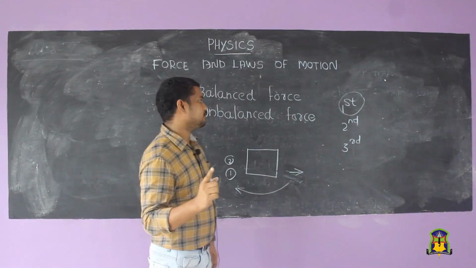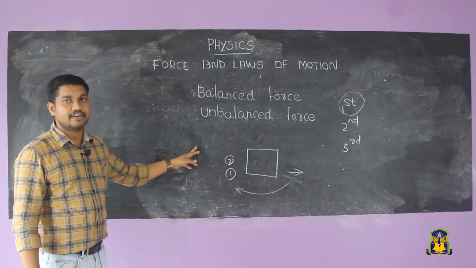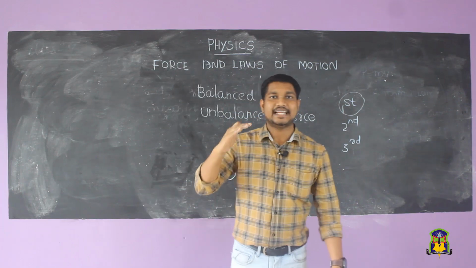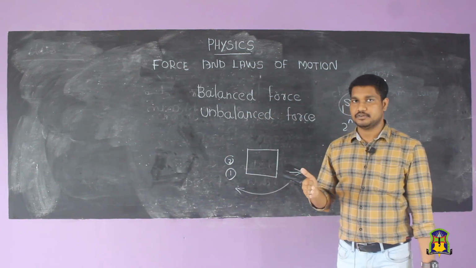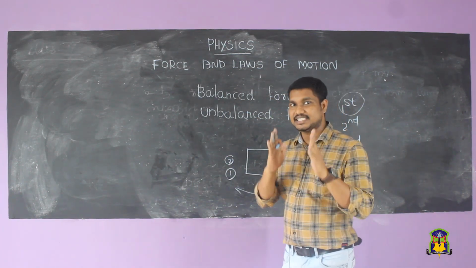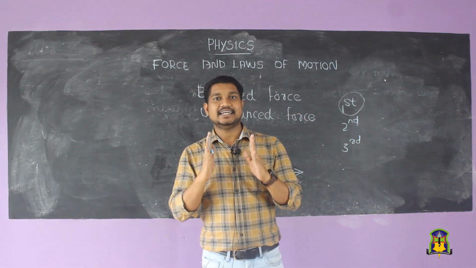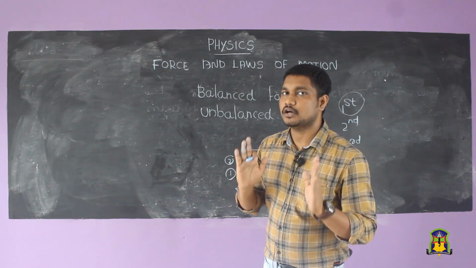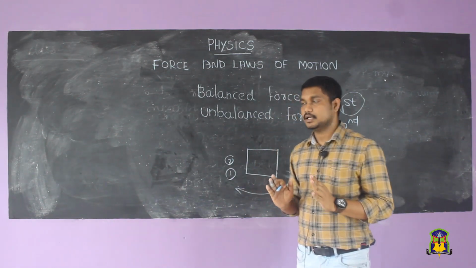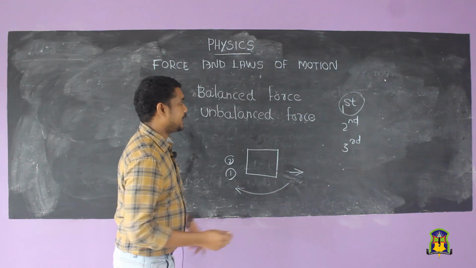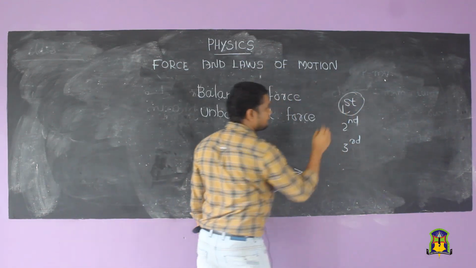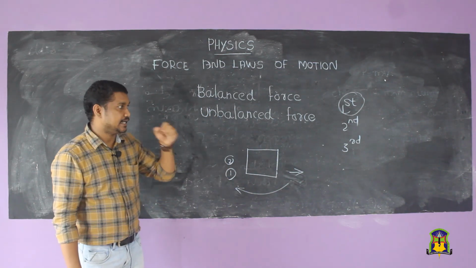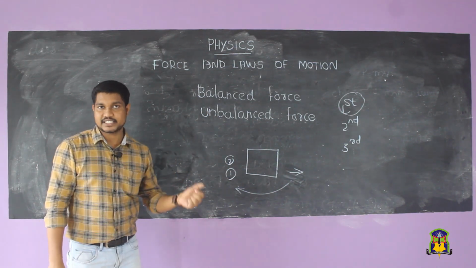Clear? So the first law states that every body continues its state of rest or motion unless it is compelled by an external force. This is the definition. In simple language we can say that if there is no external force acting on a body, it will not change. Clear? And again I am explaining the first law, every body continues its state unless it is compelled by an external force.